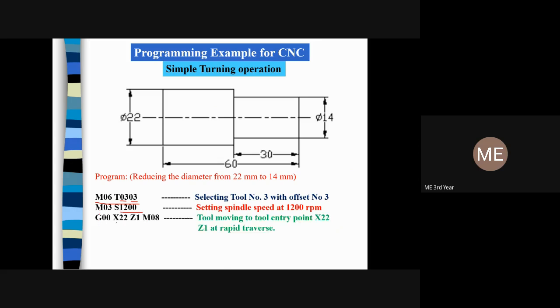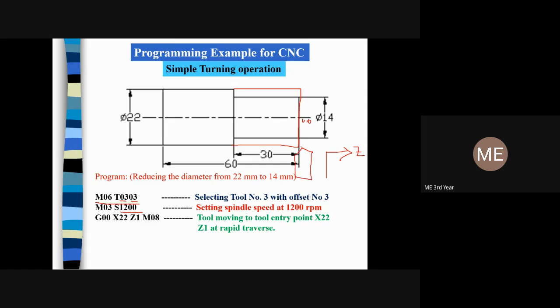Now G00 X22 Z1. So what does it mean? So this is 1 millimeter, this is your X and this is your Z, positive Z. Positive Z means it is away from the workpiece by 1 millimeter, if this is zero. And X22 is the coordinate point of 22. So initially this is your billet, the blank portion, and somewhere here is your turning tool.